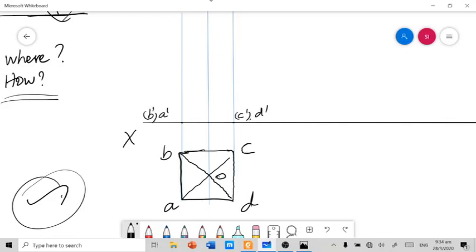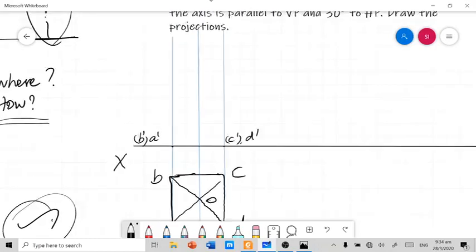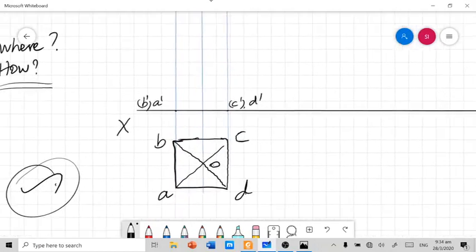And the solid axis height is given in the problem as 65 mm.